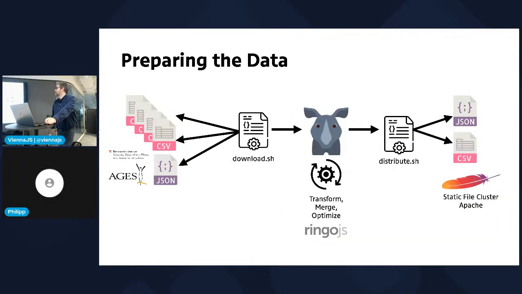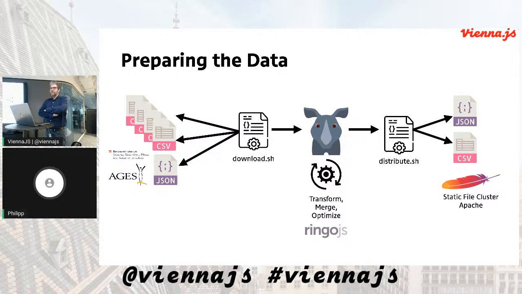How do we do this? So in the middle of everything is Ringojs, which is the central hub and generates and transforms everything. We just download the raw data from the official sources, checksum them, and if the checksums change, give it to our Ringo scripts and application.